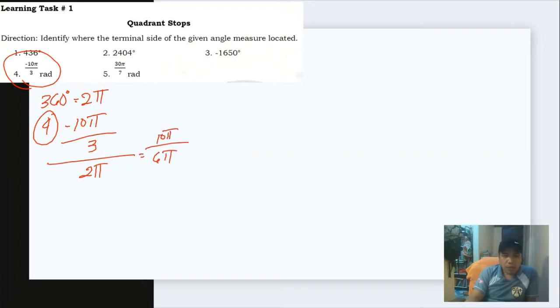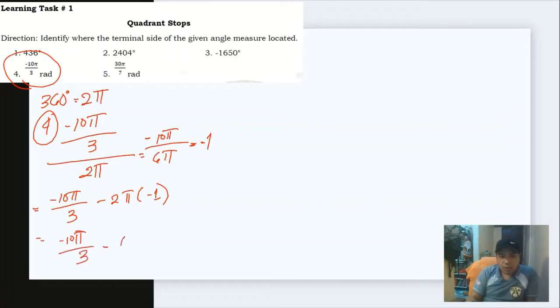We only have one 6 pi inside 10, so 1 point something. Negative, so it should be negative 1. So negative 10 pi over 3 minus 2 pi times negative 1. That will give us negative 10 pi over 3 minus negative 6 pi over 3, so positive, which becomes negative 4 pi over 3.